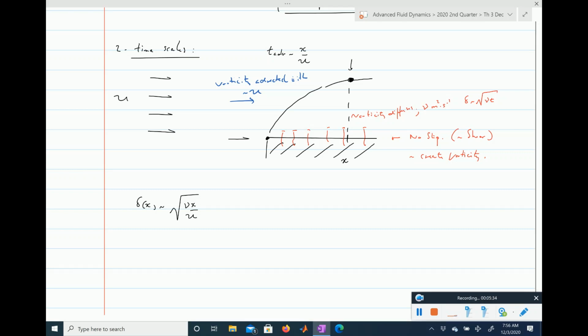And note that this scaling is equivalent to the other scaling that we had when we looked at length scale.